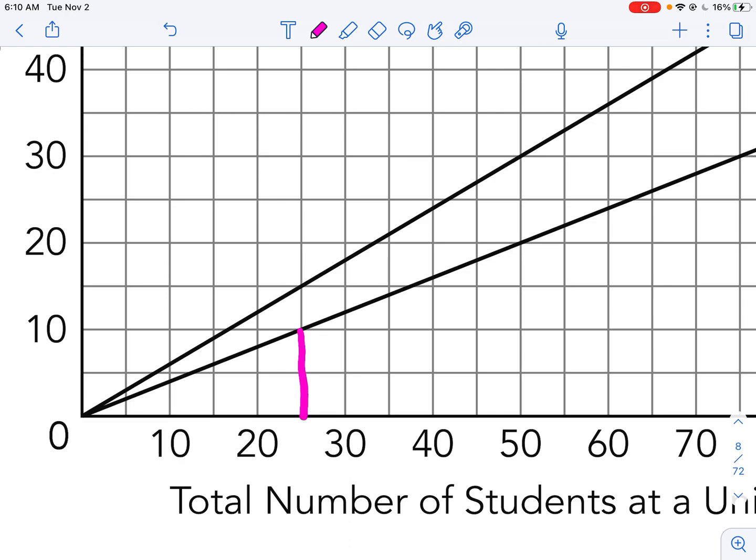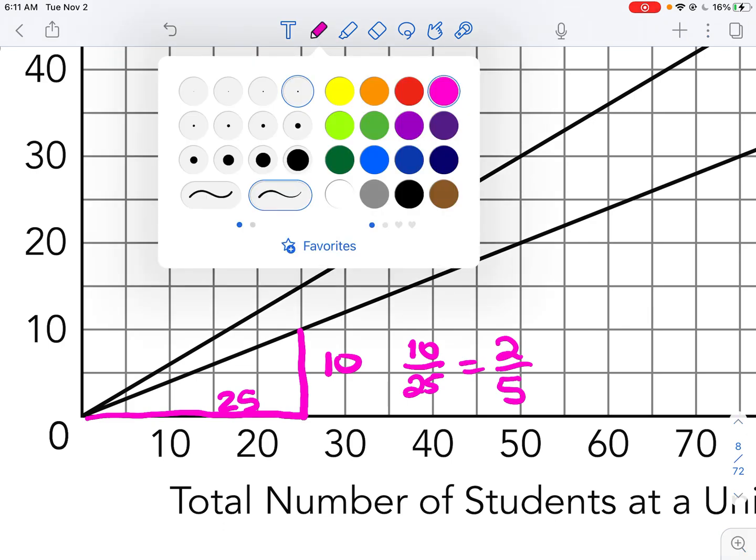Well, it's 10 tall, and it went over 25. So this one is 10 over 25, which if I simplify that, 5 goes into both of them, so 2 over 5. So 2 over 5 is one that we've already looked at.